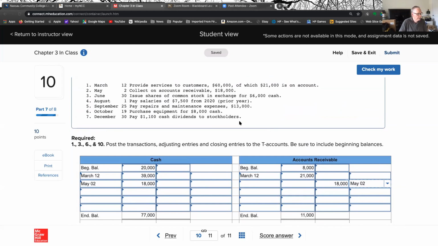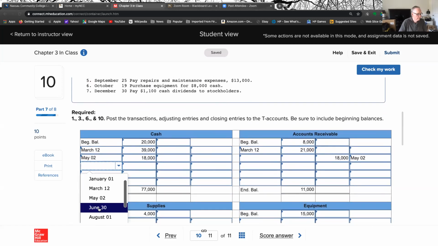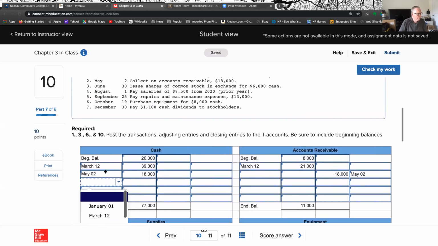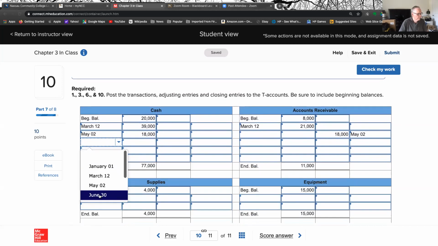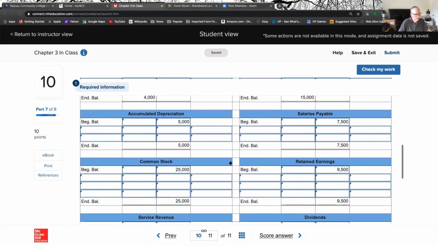Then on June 30th, issued shares of common stock. June 30th. Debit cash for 6,000. Credit common stock for 6,000.